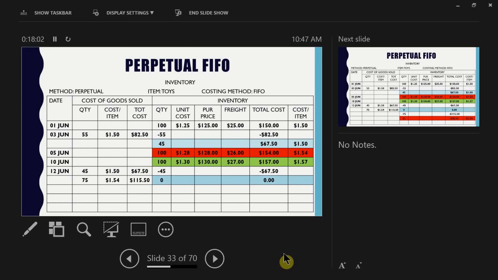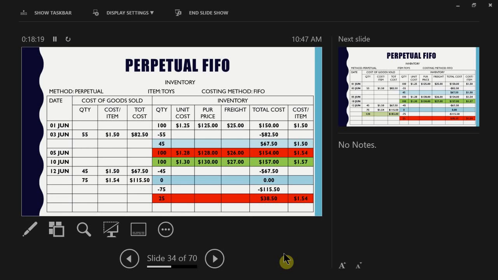Okay? And what I'm going to do here is take it out of my inventory. So I'm taking my red batch, right? I'm taking 100, subtracting out 75 to give me a grand total of 25, right?